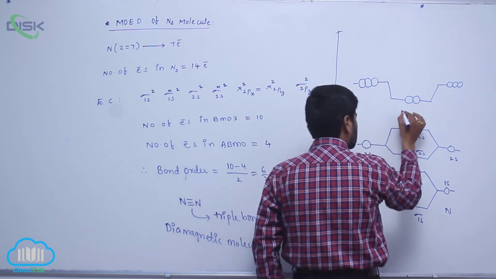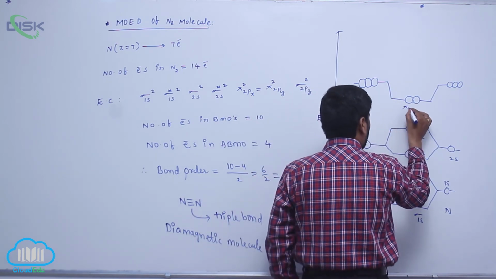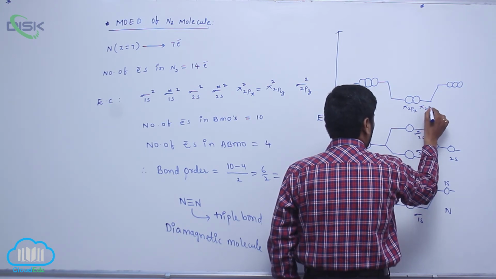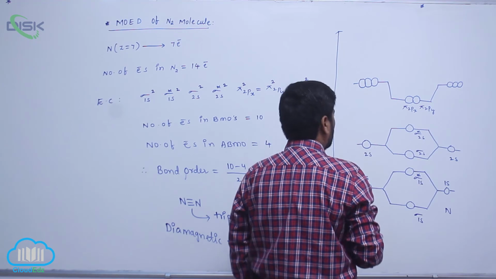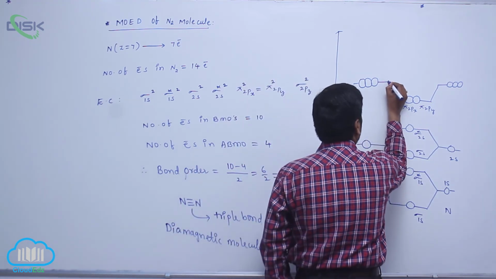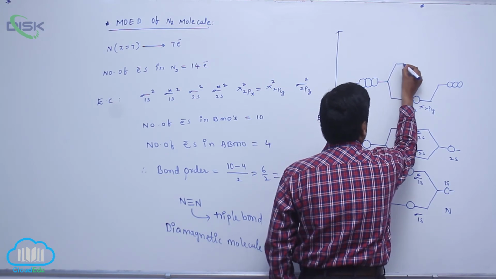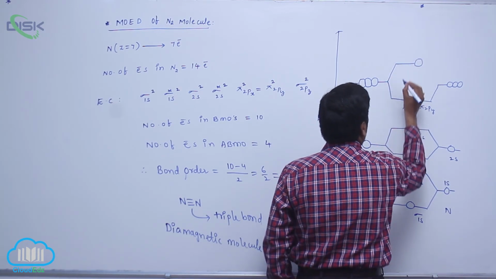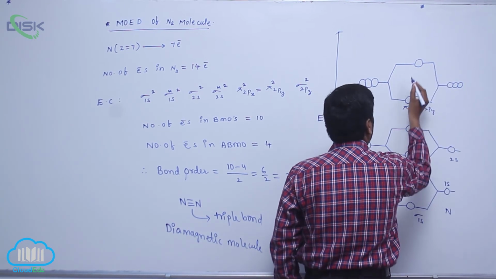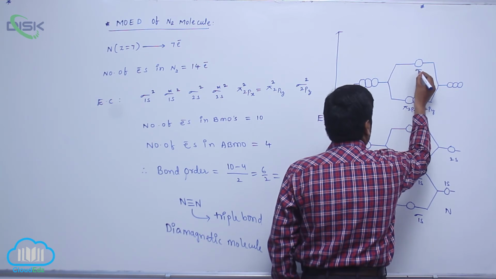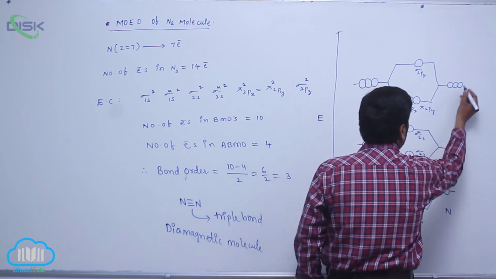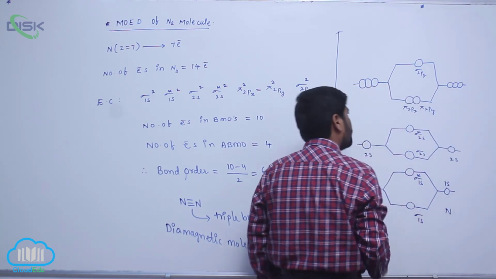This is known as pi 2px and pi 2py. Then the next one is sigma 2pz.